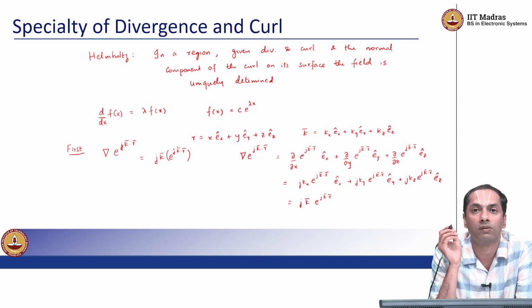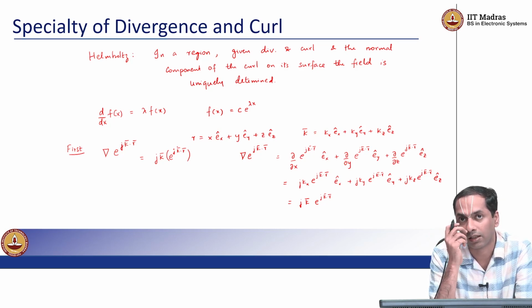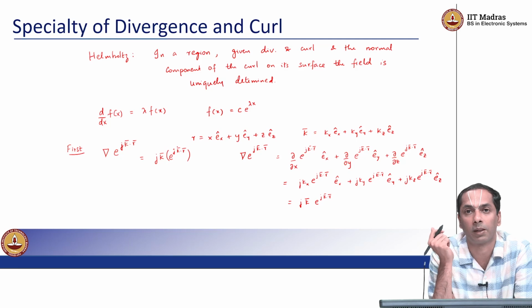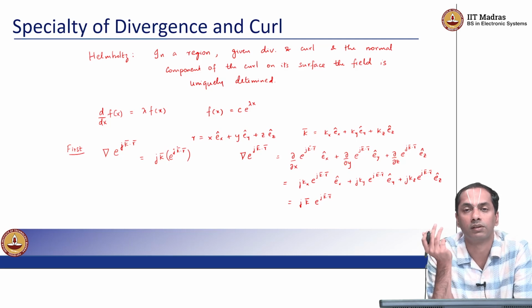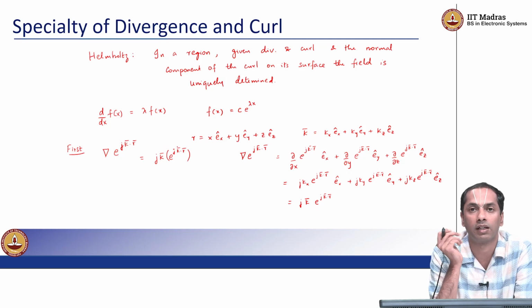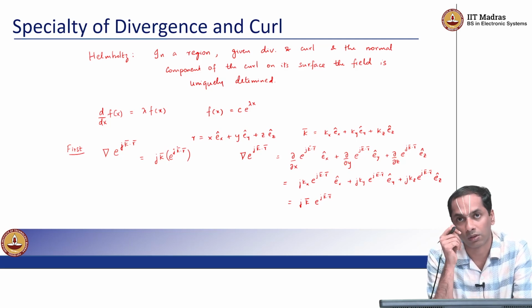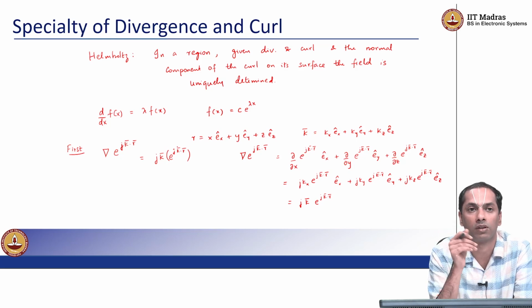So if I were to look at the function e to the j k dot r, right, and if I were to look at constant surfaces, just like our analogy for the elevation map, remember I drew the scalar field for elevation has contours of constant height, right. So if I were to ask a similar question, what are the surfaces of constant value for this scalar function e to the j k dot r.